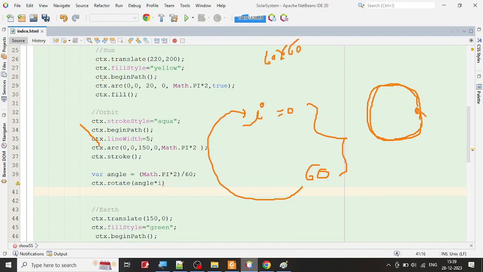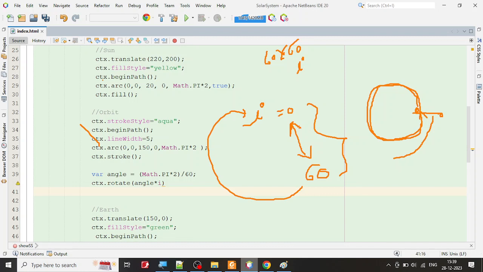After that 360 degrees, it has to start from 0 again, 0 degree, 1, 2, 3, otherwise if you keep on increasing the value of I, that will be 360, 365, 390, 400, and many other degrees will come. So I have to see to it that I value will not exceed beyond the value of 360. So it should not go beyond that value.